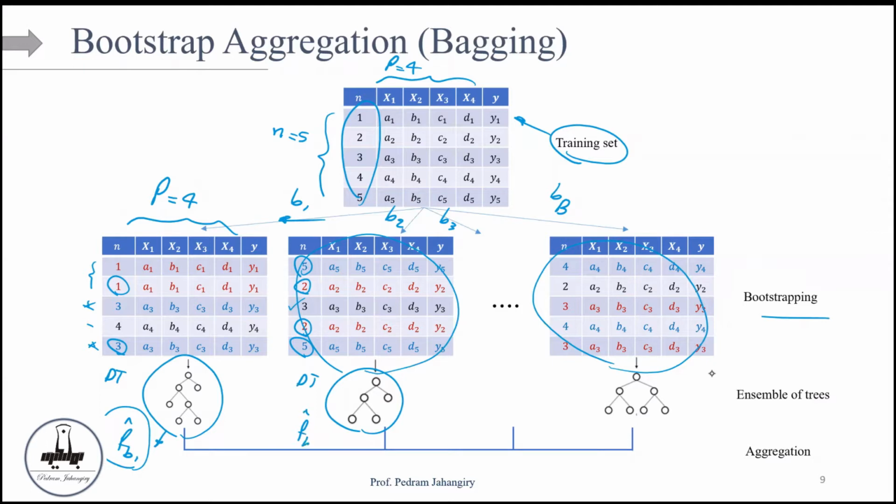So f hat b2, etc. And then finally, this is our f hat capital B. So these are the ensemble trees, and then we are aggregating. At the end of the day, we aggregate the outputs: if it is regression, we look at the average of these. If it is classification, we look at the majority vote. So that's the idea of bootstrap aggregation, or bagging.